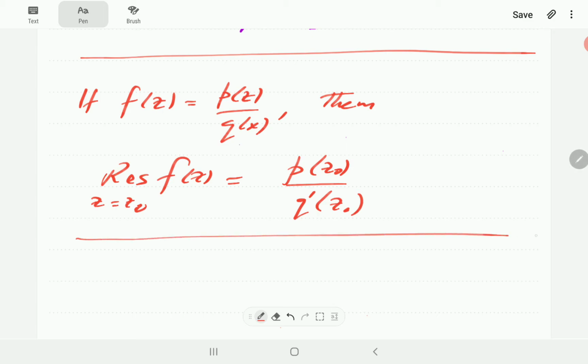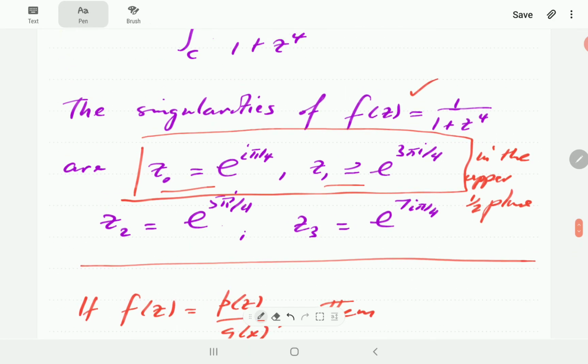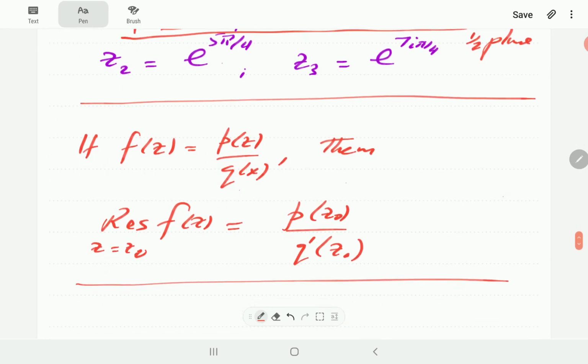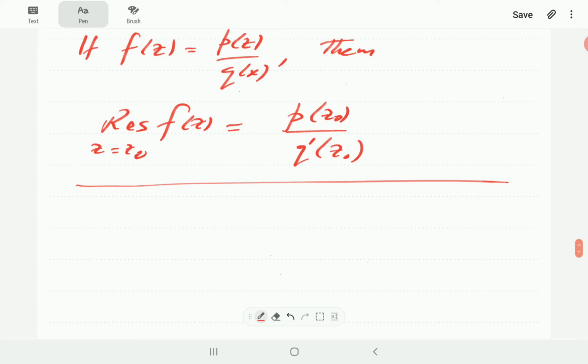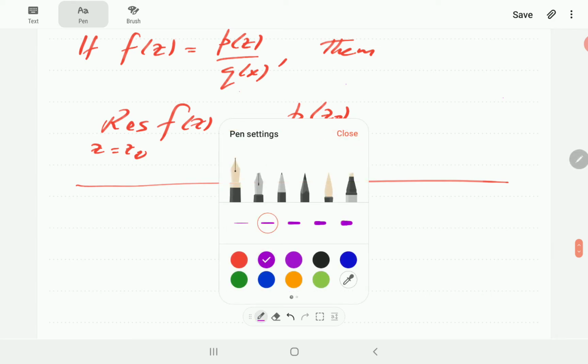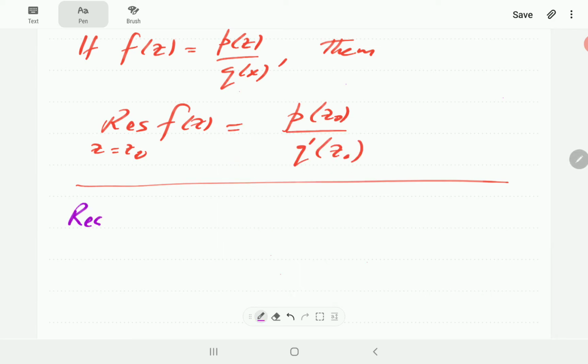In this case, this is a rational function. p is 1 and q is 1 plus z to the power 4. So the residue of f of z at z0 is going to be 1 over the derivative of that denominator, which is 4z cubed.